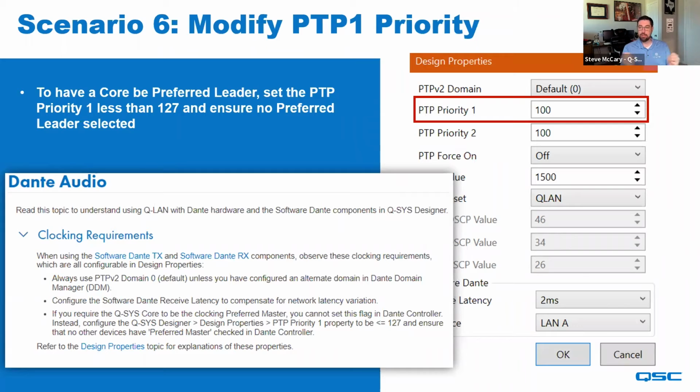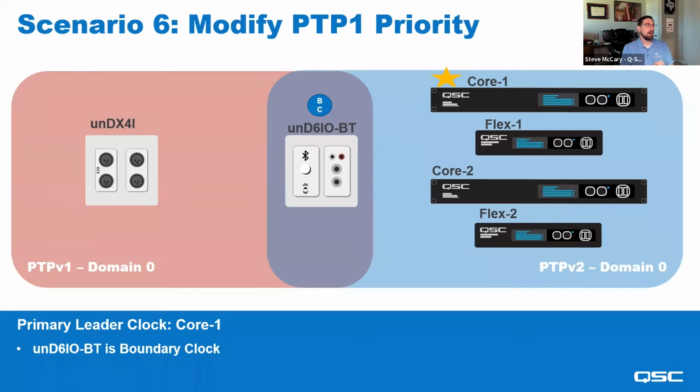So yes, less than or equal to 127. By doing these two things, once all of this resyncs, the core will become our clock leader. Now, we are still using the 6IO BT as the boundary clock in this scenario, but our core is the clock leader.